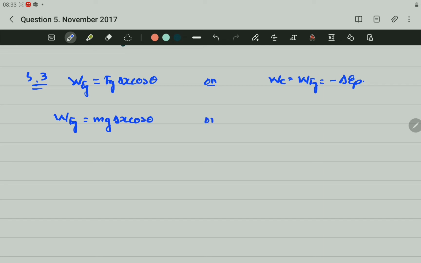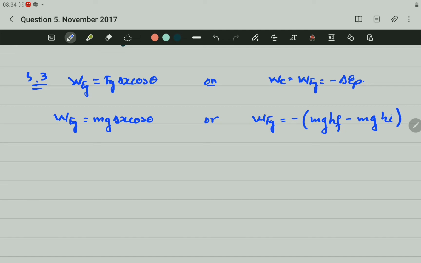And here, this is the other option: the work done by the gravitational force is equal to minus bracket mass multiplied by acceleration due to gravity multiplied by final height minus mass multiplied by acceleration due to gravity multiplied by initial height. It's either one. You don't have to do both.